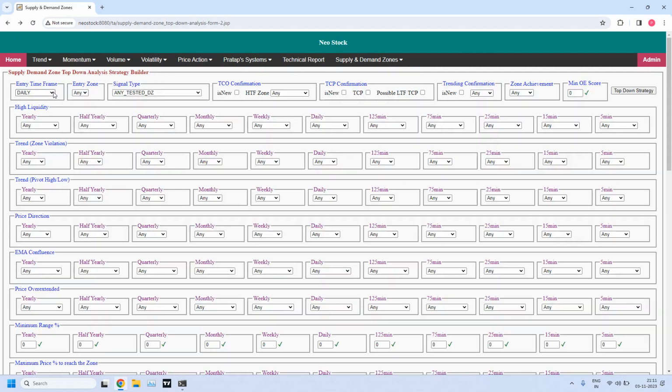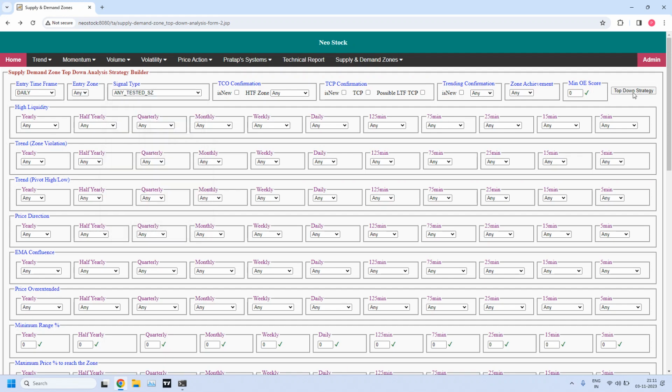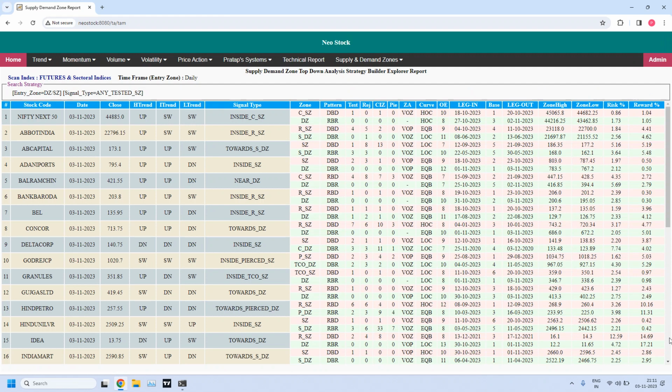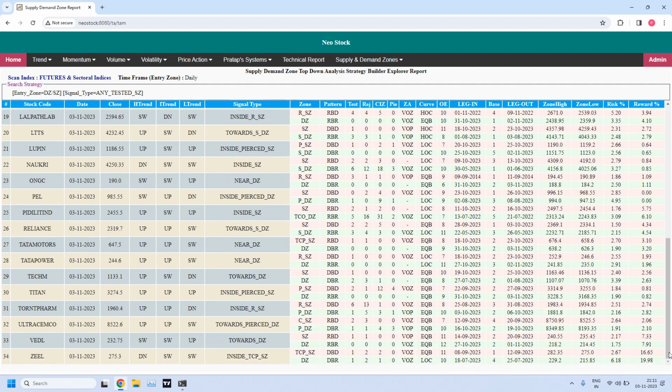Entry time frame is daily. Let us find the tested supply zones, daily supply zones. This is the filtered list. So a total of 34 stocks have tested the daily supply zones.